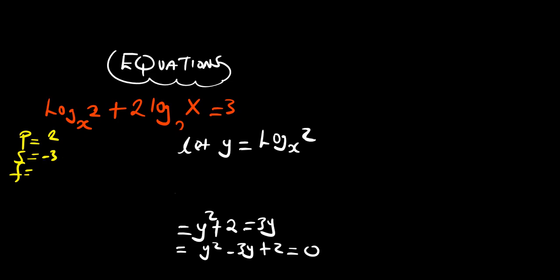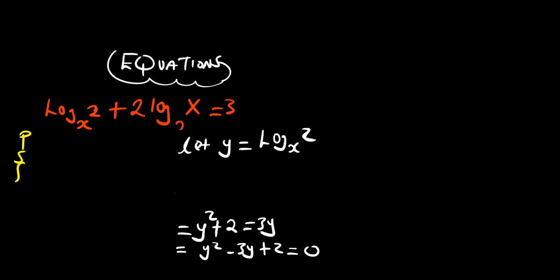Two numbers, when we multiply them, they'll give us a 2, but when you add them, they'll give us a negative 3. Okay, so which ones are those? If I have negative 2 and negative 1, when I multiply them, they'll give me a 2, but when I add them, they'll give me a negative 3. Okay, so those are what we have as our factors.